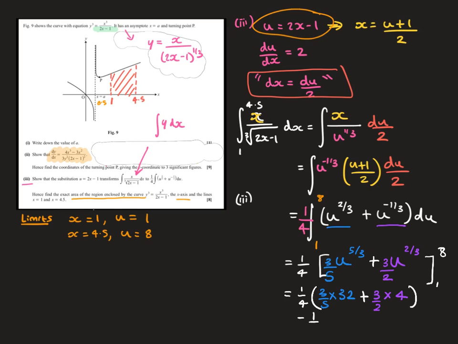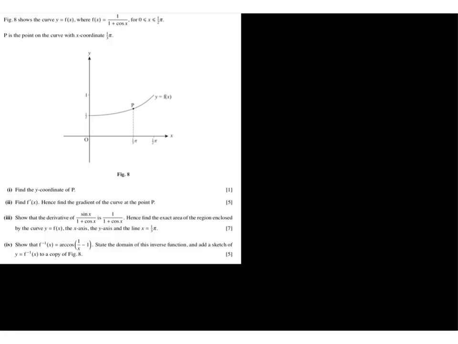And then we're subtracting from that. Now, when you substitute 1 in, 1 to any power is just 1, so you're just going to get 3/5 plus 3/2. Now, our calculator then gives us the result for the area, which is 231 over 40.